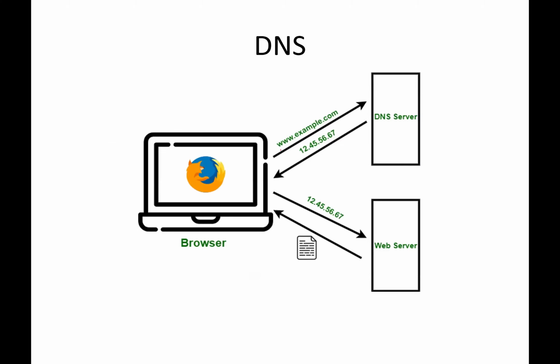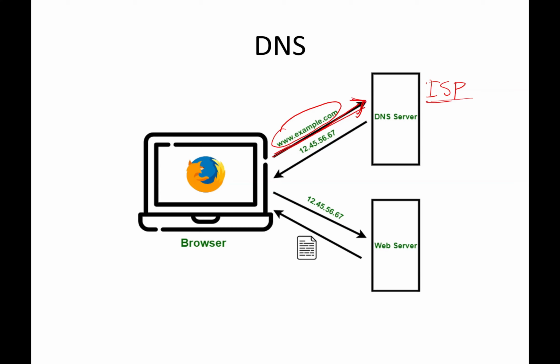On the browser, we just write this address, and we send this address to the DNS server. Usually the DNS server is hosted by the ISP. So if you're using, say, Comcast or AT&T or T-Mobile as your ISP, the DNS server is hosted there.